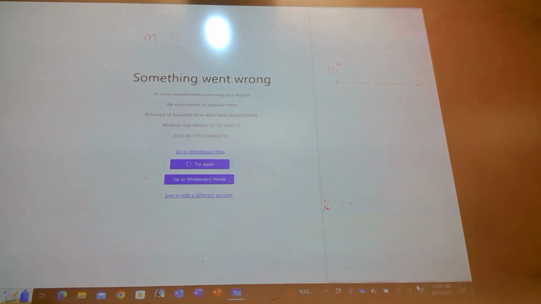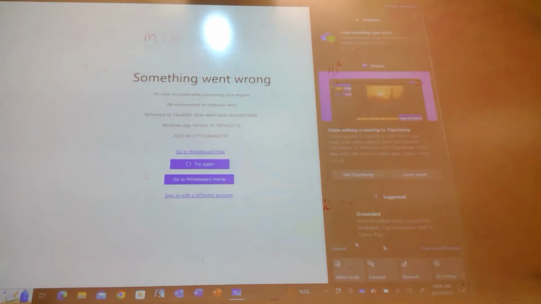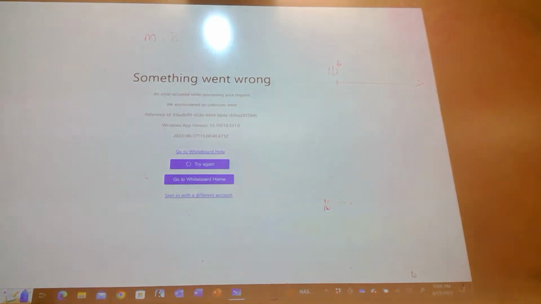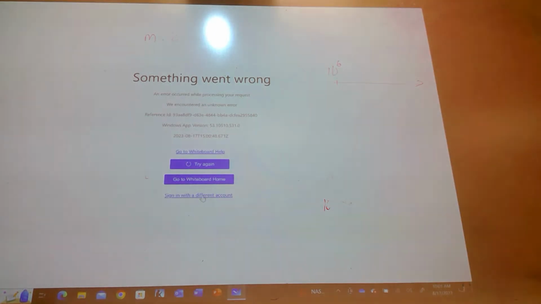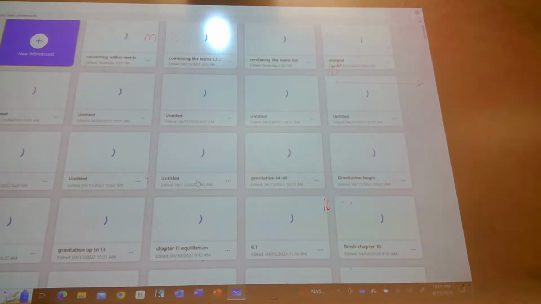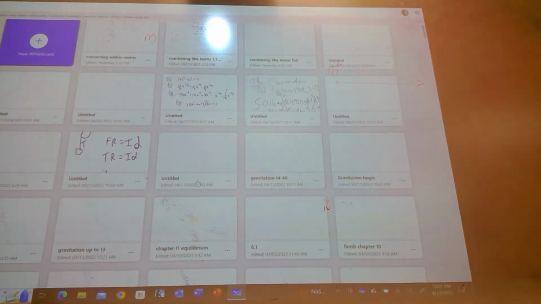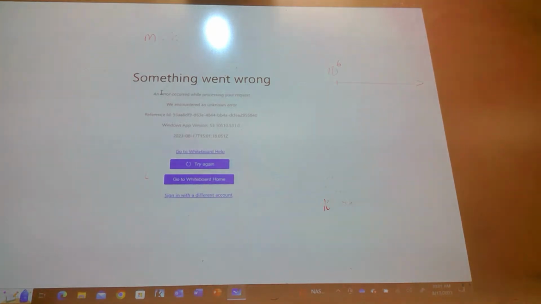I'll just have to get by without it, which we can do, but I did have something in mind which requires all these notes that I've written in the whiteboard. It doesn't open any of them. All right, so we're just going to do some basic stuff.